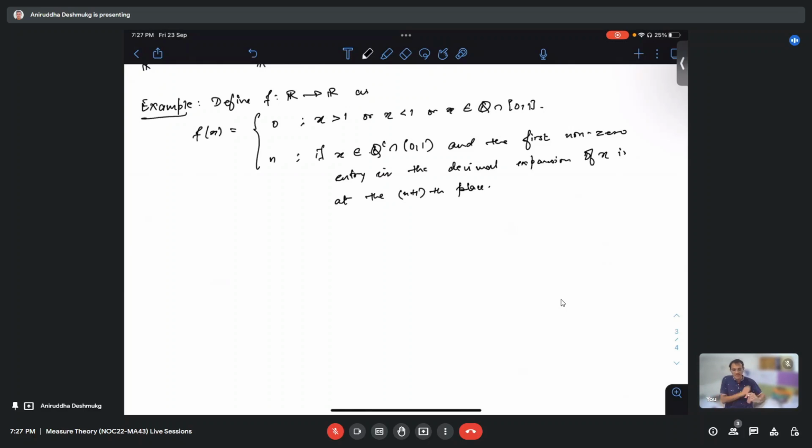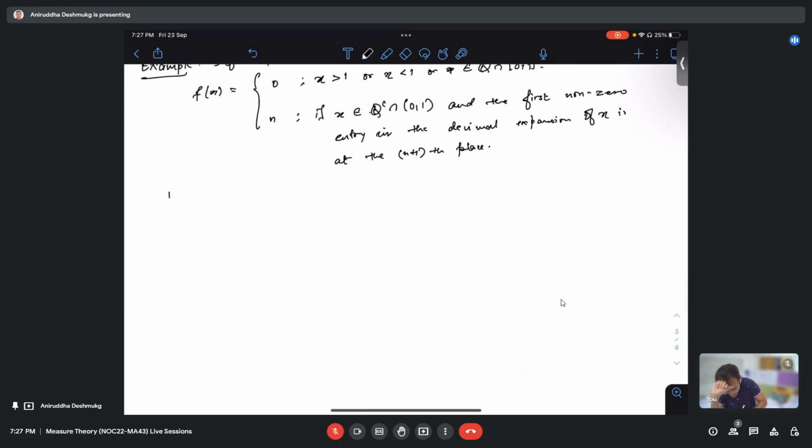So for example, if we start with something like 1 over pi, since pi is between 3 and 4, let us try to see what this is. I know that pi is bigger than 3 but less than 4. So 1 by 4 is less than 1 by pi, and 1 by pi is less than 1 by 3.